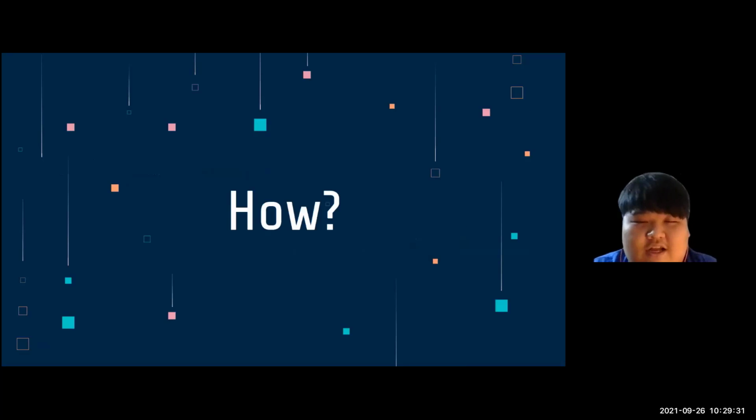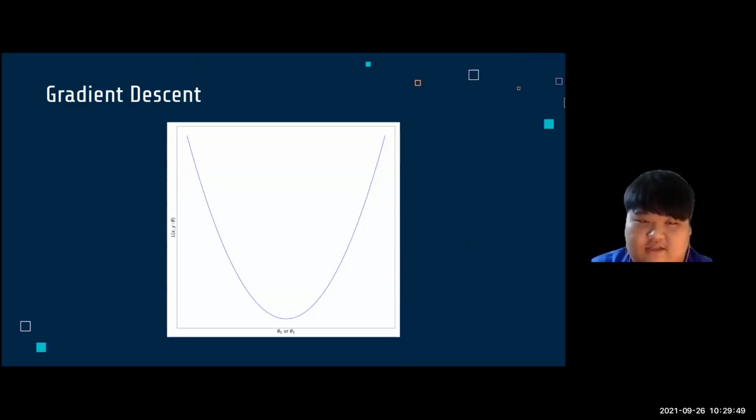But how do we find the optimized model, or how do we find which model produces the minimum mean squared error value? The algorithm we use here is called gradient descent.